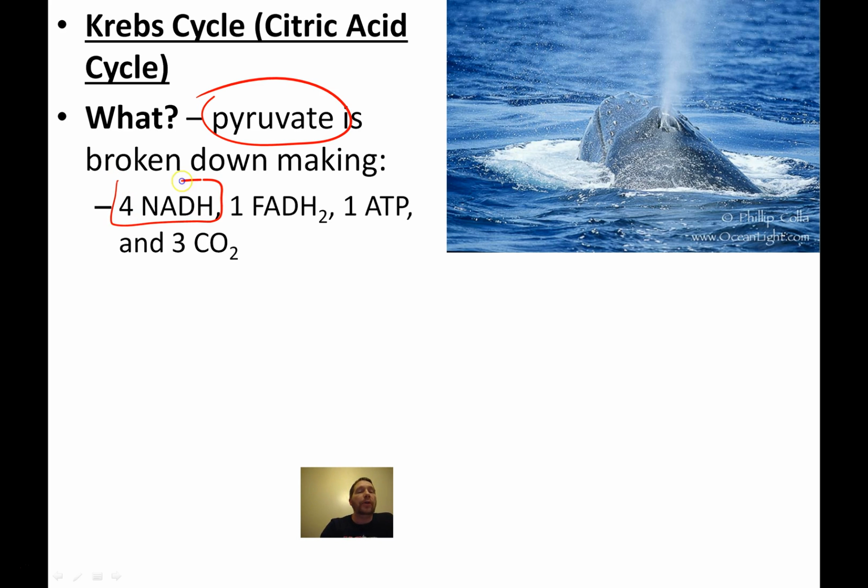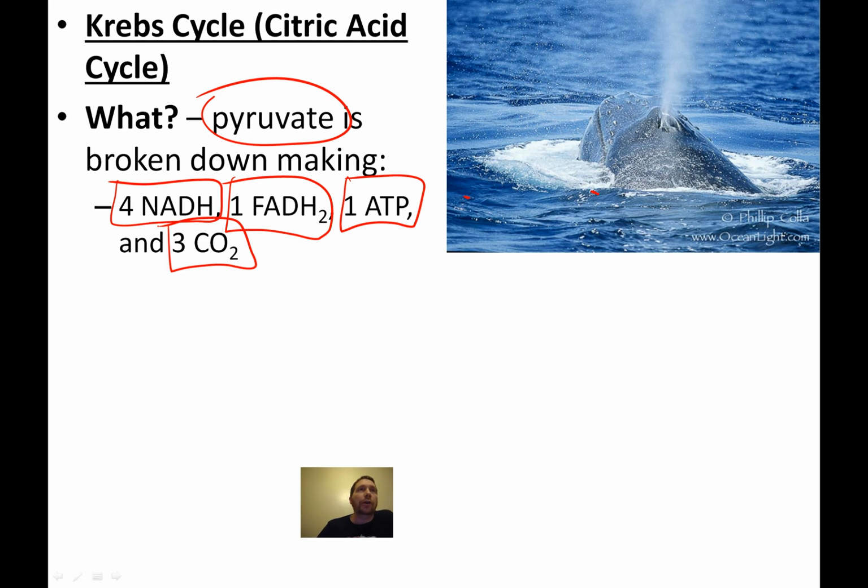We're going to make more of this molecule called NADH, same thing we made in glycolysis, and this is going to go to the electron transport chain. We're going to make another molecule called FADH2. That's also going to be used during the electron transport chain. We're going to make ATP, which we can use for whatever we want, and then we're going to make carbon dioxide.